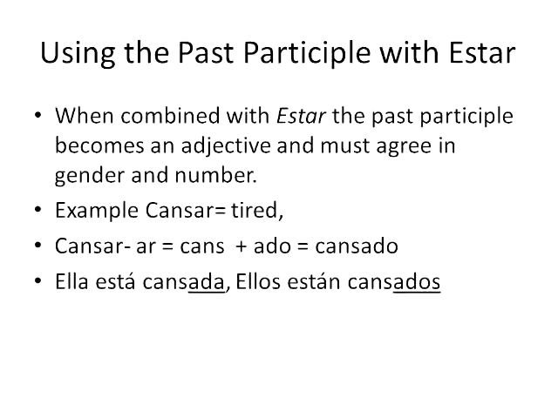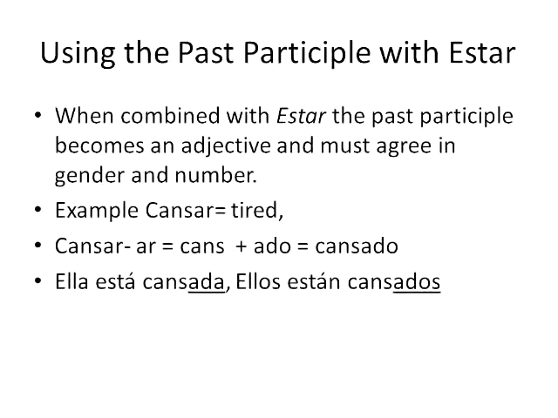Okay, when you're using it as an adjective, you need to remember it has to agree with gender and number. So we're not going to leave it as cansado. We have to change it because we're referring to ella. That's feminine, right? So we have to change it to cansada.